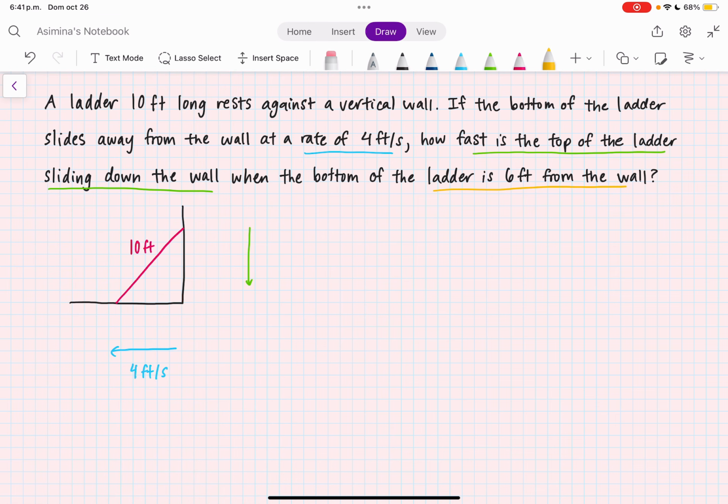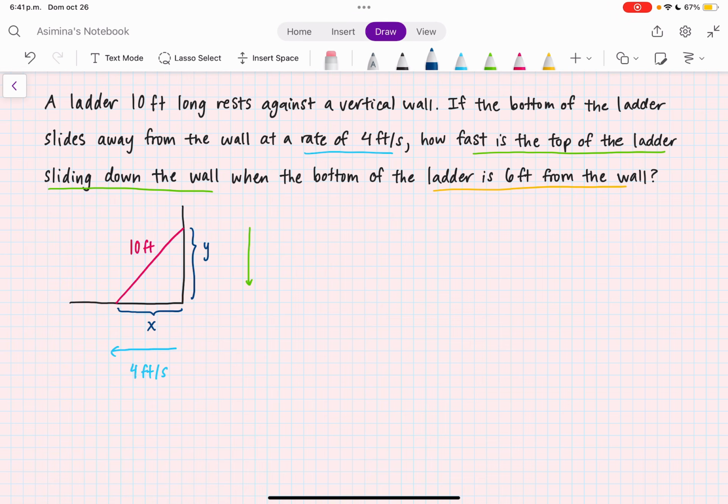So let's start by labeling some variables. I'm going to let x be the length of the bottom of the ladder away from the wall, and I'm going to let y be the distance from the top of the ladder to the ground.